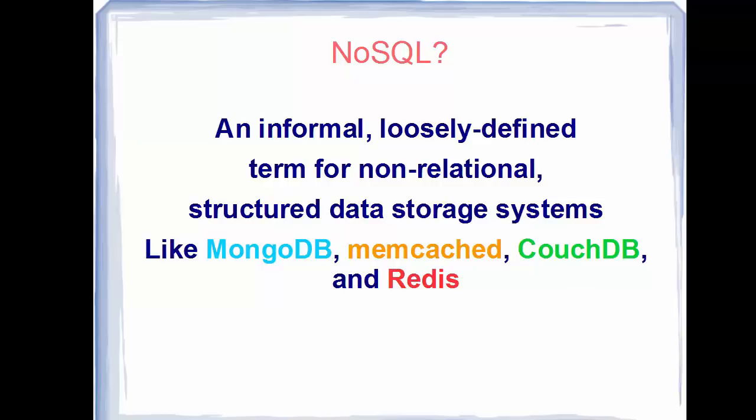Following in the footsteps of other NoSQL databases, Redis allows the user to store vast amounts of data without the limits of relational databases. So in NoSQL databases, data can be stored in a non-relational way.